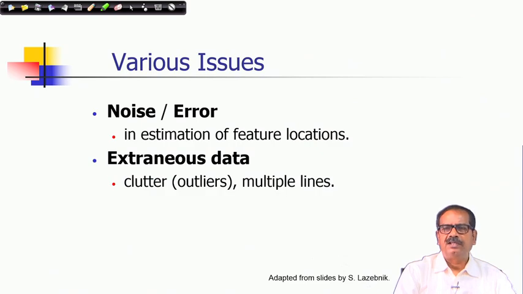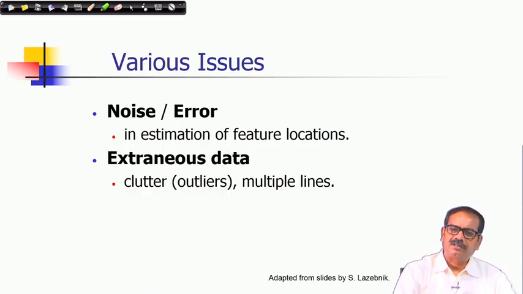So, the assumption is that those points belong to scene points which are lying on the same plane. But it may happen in your measurements or in your experiments, when you establish those correspondences, that some of the data points are images of scene points which are not lying on the same plane.